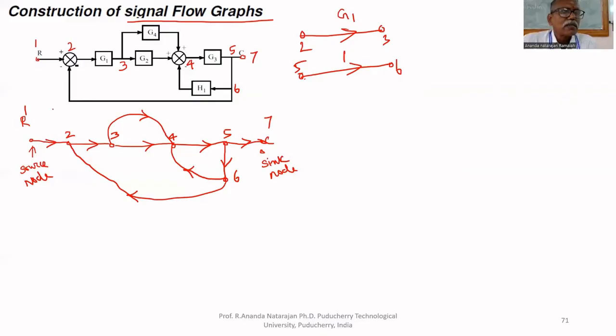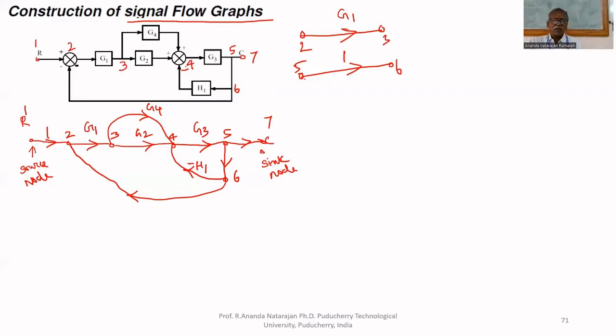1 to 2, no transfer function, so gain 1. 2 to 3, G1 is there. 3 to 4, G2 is there. 3 to 4, another one is there, that is also G4. 4 to 5, G3. 6 to 4, H1. But here negative feedback, that's why minus H1.